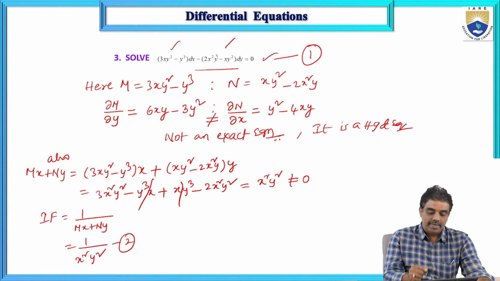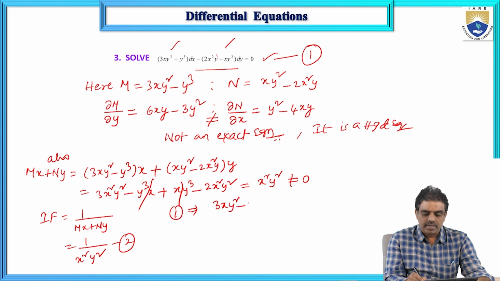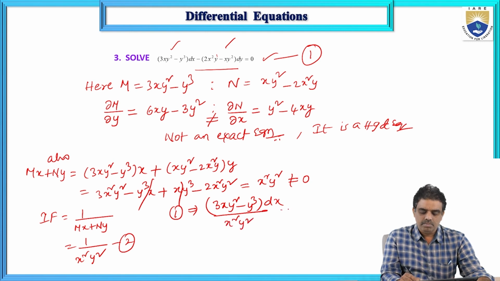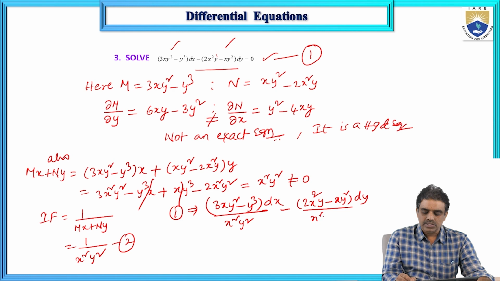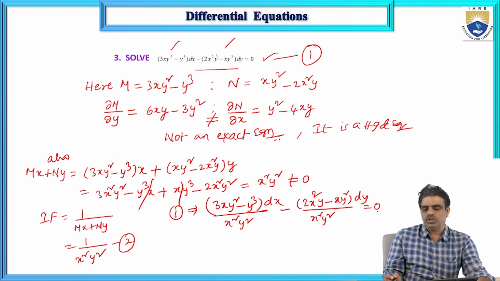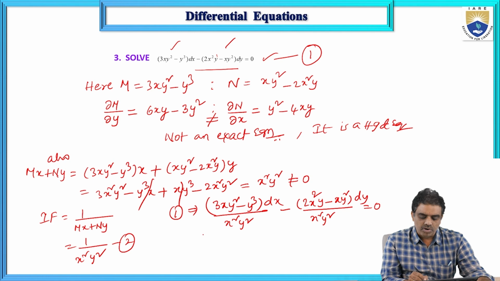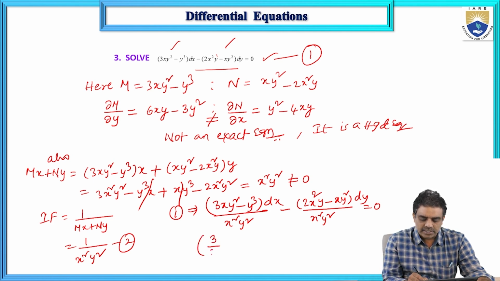On multiplying, equation 1 implies (3xy square minus y cube) dx by x square y square minus (x square y minus xy square... 2x square y minus xy square) dy by x square y square is equal to 0. On simplifying, the first term: y square cancels and x cancels, giving 3 by x.